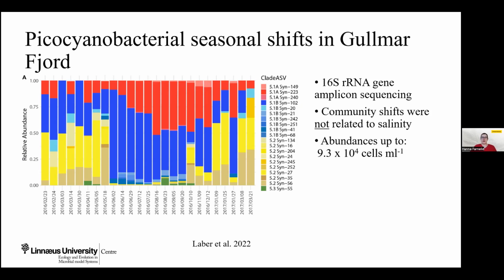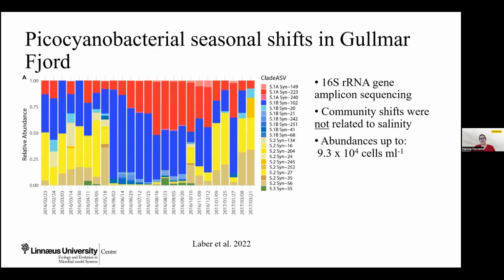And what we found in this study was that previously it had been reported that the community shifts of picocyanobacteria were really determined by the salinity gradient. But on this scale in the Gullmar Fjord, we could not find the pattern of salinity.